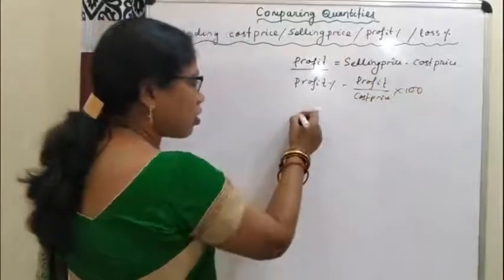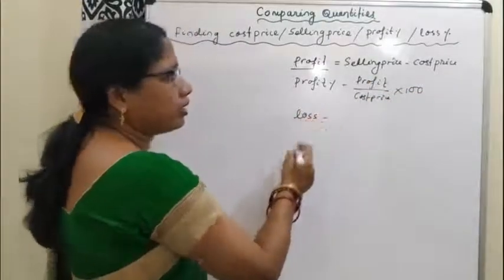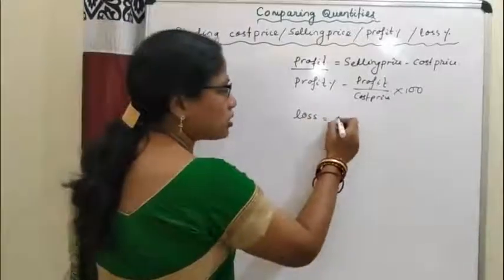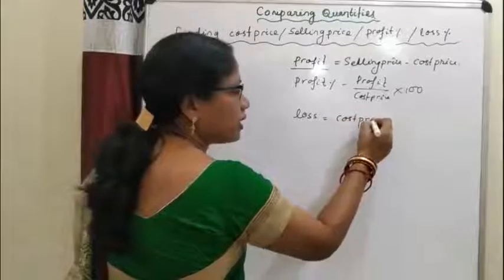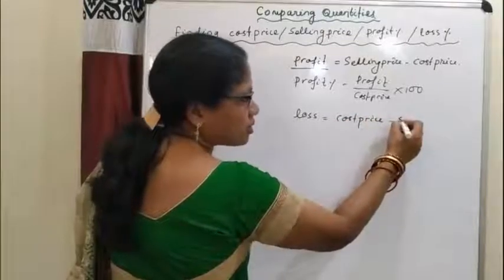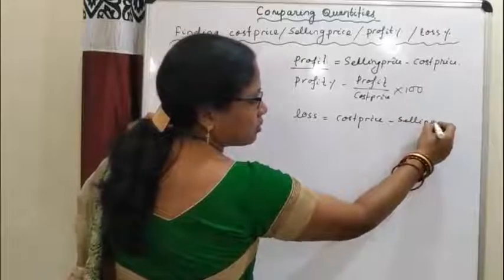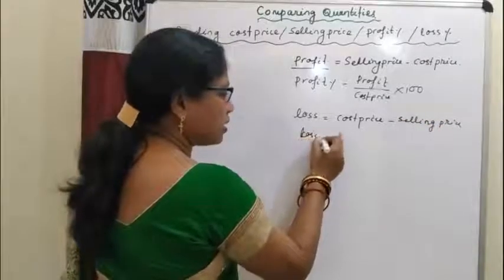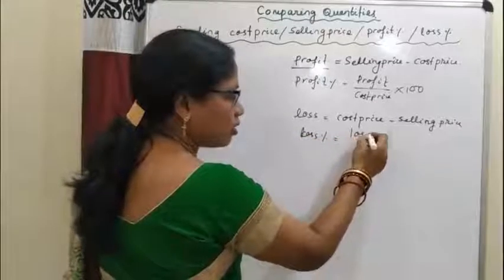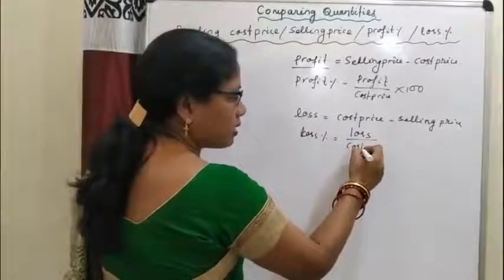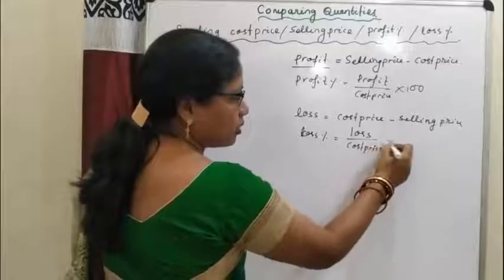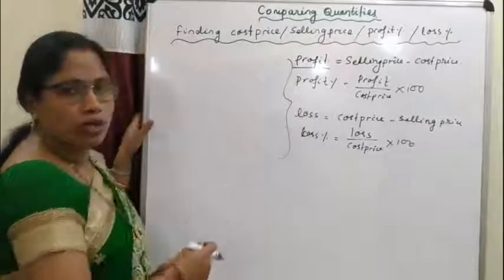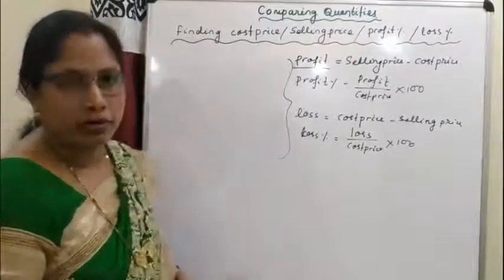Like this, loss occurs when the cost price is greater than the selling price. So loss is equal to cost price minus selling price. And loss percentage is equal to loss divided by cost price multiplied with 100. So these are the formulas we have to use to solve some problems.